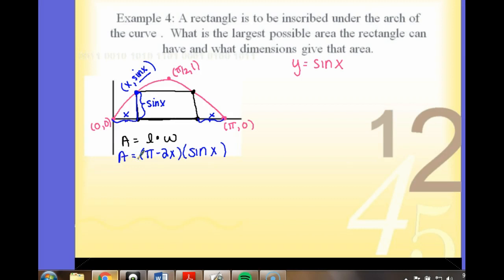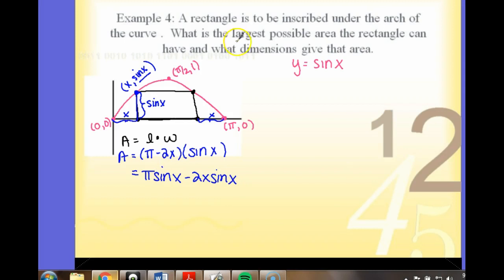So area is equal to pi minus 2x, times sine x. The substitution work for everybody? So then I would distribute. So I'd have pi sine x minus 2x sine x. What's our end goal?